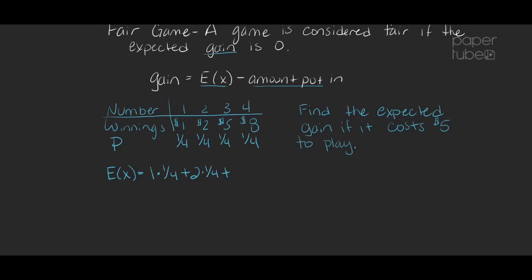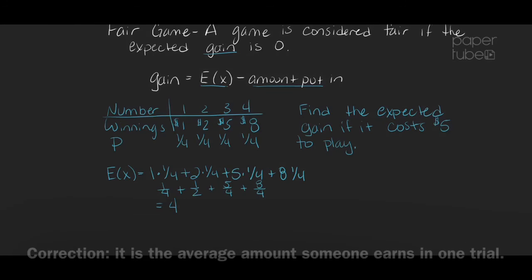To find the expected value, we'll multiply the outcome with the probability of you getting that outcome. The expected outcome is $4. Now, of course, we can see that $4 is not actually an amount that you can earn.